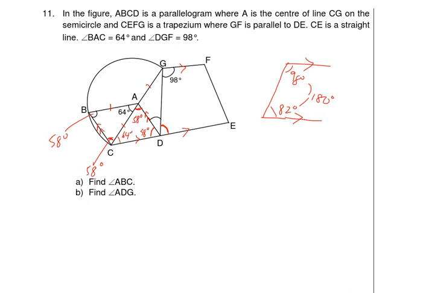Okay? Anyone has any problem so far? So we know that this is 82 degrees. And then we can find angles on a straight line, yes? Also can, alternate angles. I told you there's 101 ways to do it. There are basically many ways of solving it.